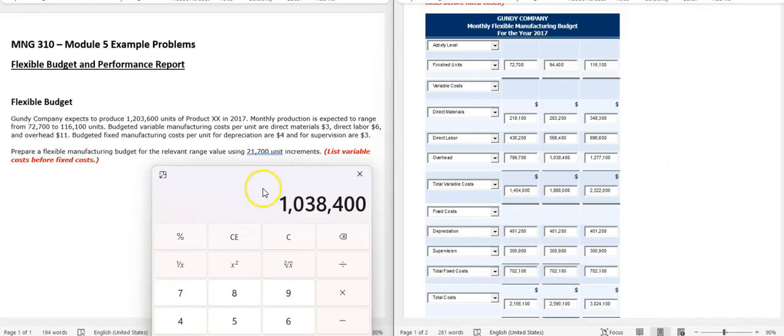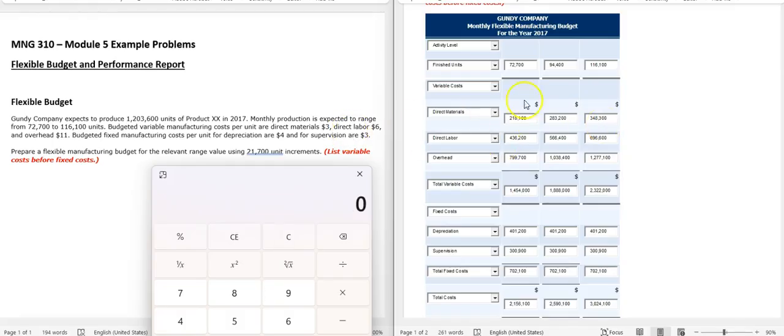Finally, for 116,100 unit monthly production, with a variable cost per unit for materials of $3, we're budgeting direct material costs of $348.3.